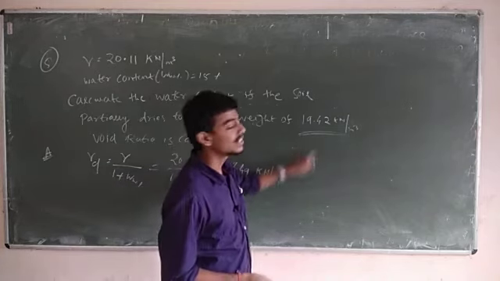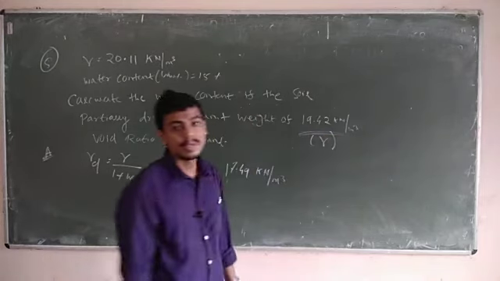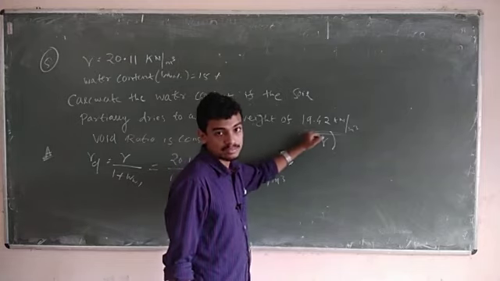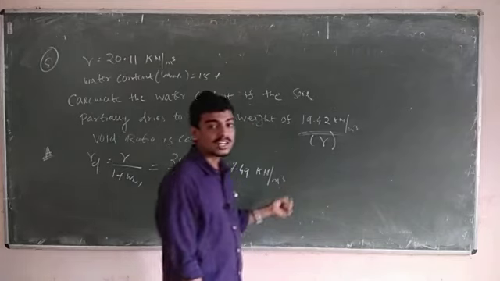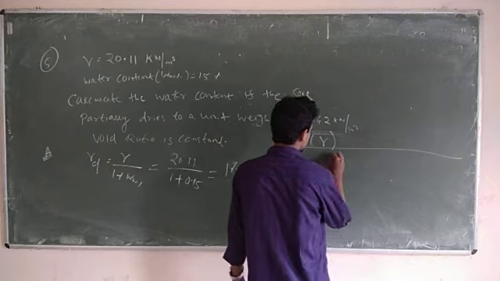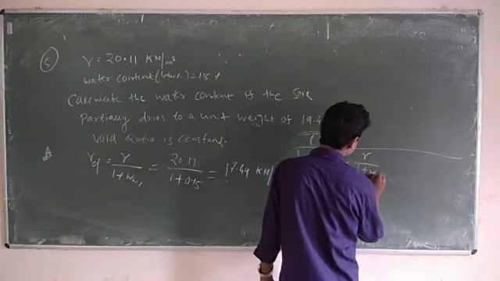So here the term given is gamma. Because the soil dries to a unit weight of 19.42, it is gamma. So you have to find out the water content. The same formula you will use repeatedly, that is gamma D equals gamma by 1 plus water content.